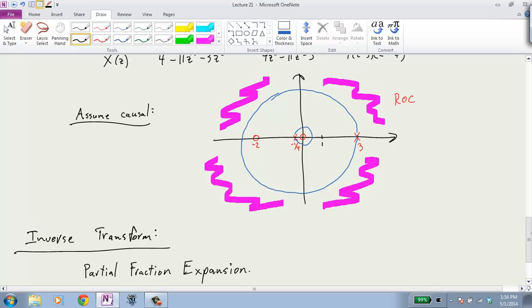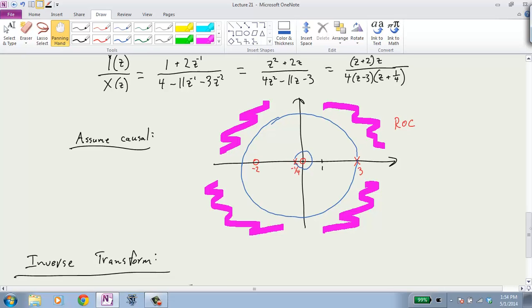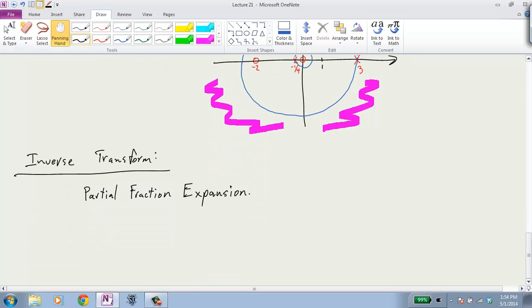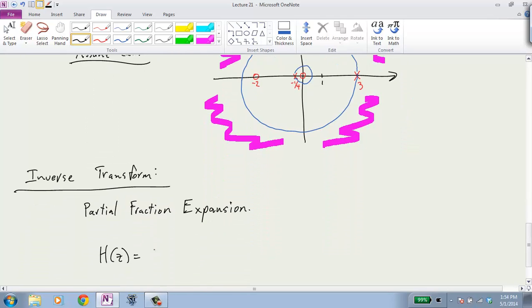Let's see how well it'll work in this case. So for example, take this Z transform that we just did. We have H of z. I'm going to rewrite it here, for convenience in terms of z inverses. I mentioned we could do that before.